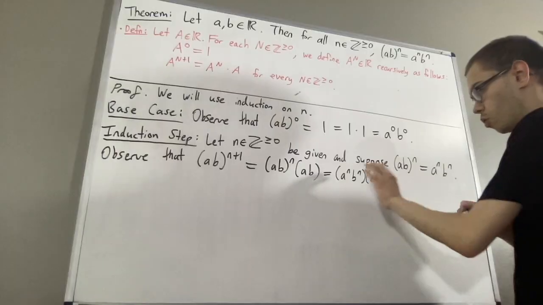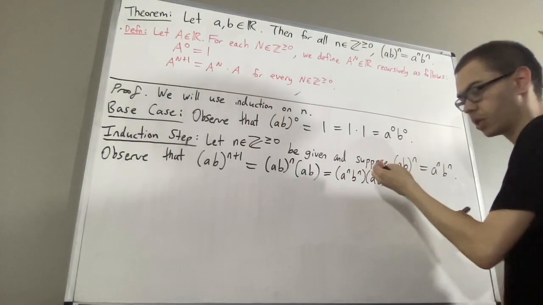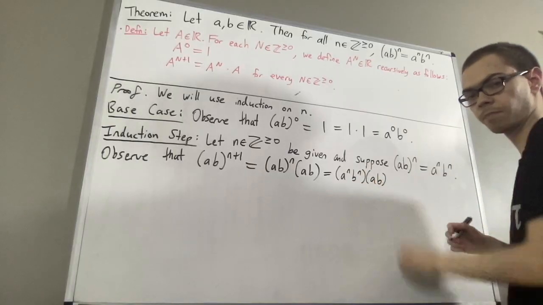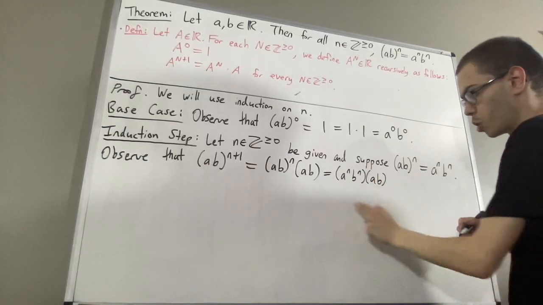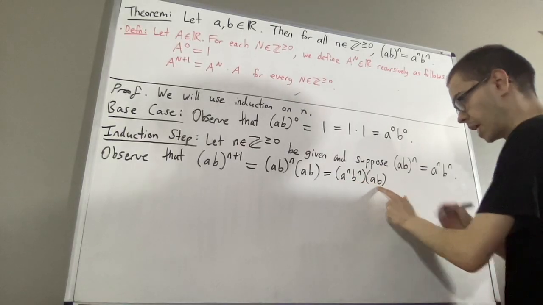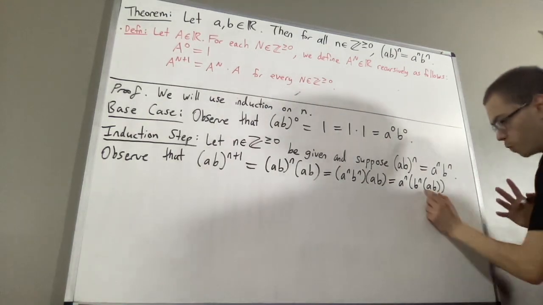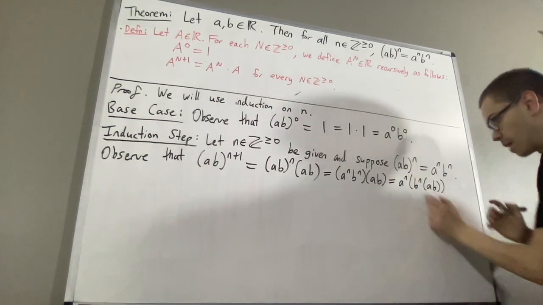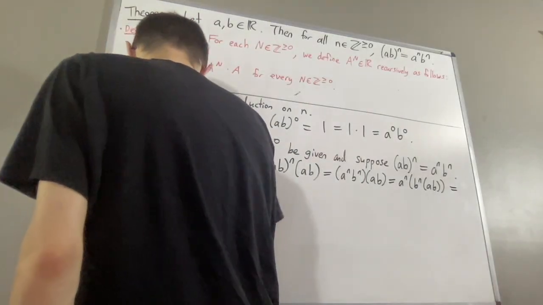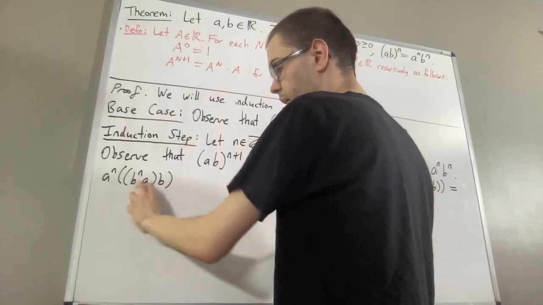But now, we are going to manipulate this using the associative law and commutative law for multiplication. So applying the associative law, we can move these parentheses around b^n times ab. And then applying the associative law again, we can move the inner parentheses around b^n times a. And then applying the commutative law, we can swap b^n and a.